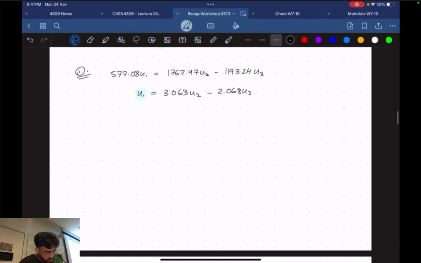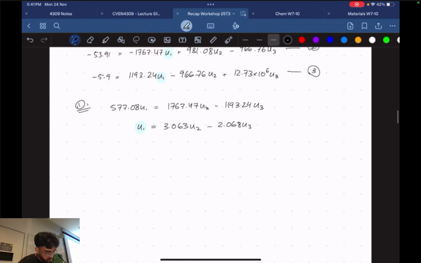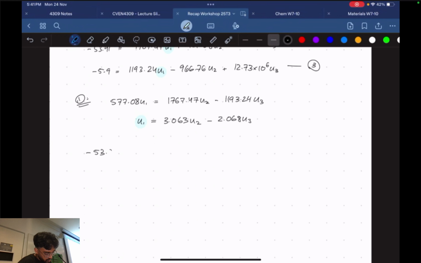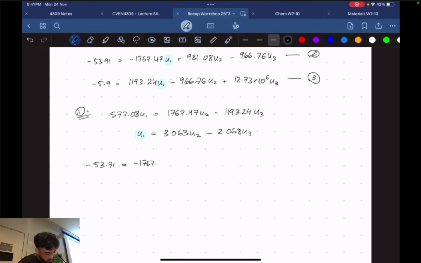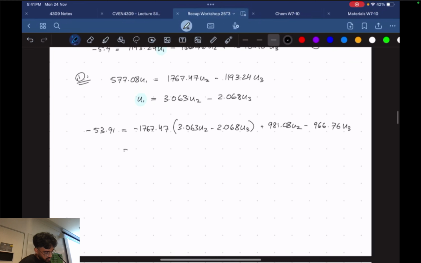So equation number 4 becomes minus 53.91 is equal to minus 1767.47 times 3.063 U2 minus 2.068 U3, plus 981.08 U2 minus 966.76 U3.